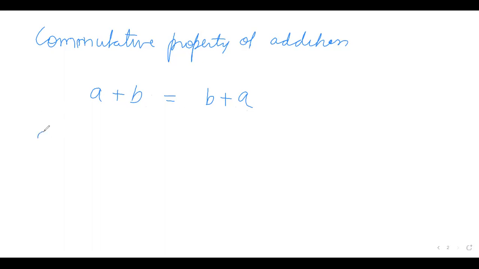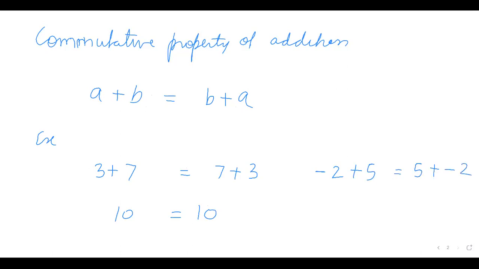For example, if I add 3 plus 7 or if I add 7 plus 3, in both the cases I will be getting 10. So I can add two integers in any order. I'm giving you one more example. Let's say -2 plus 5 or 5 plus -2.